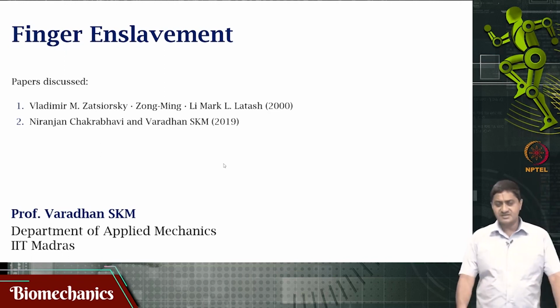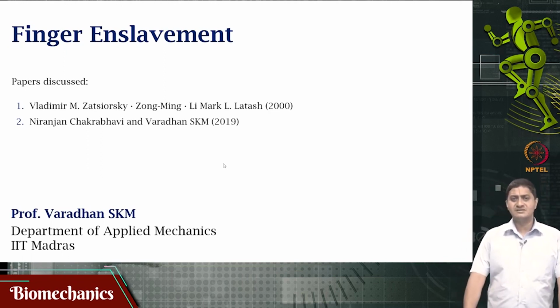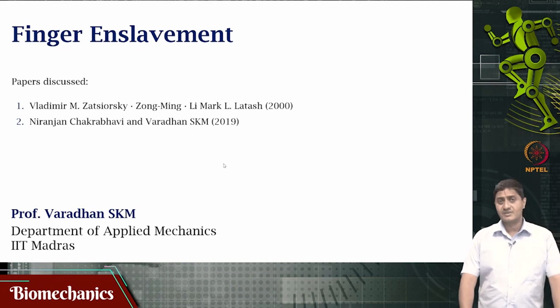So from this week, we take a step upwards and discuss some research papers. Okay. We go one notch higher and discuss some research papers. As a first paper, we discuss the work by Vladimir Zatsiorsky, Zhongming Li and Mark Latash on enslavement in forces, force enslavement, published in year 2000.